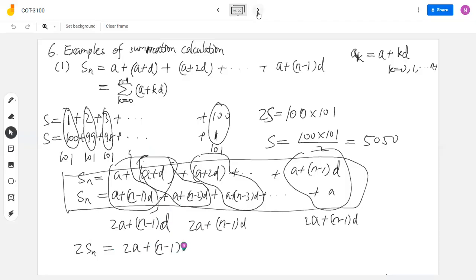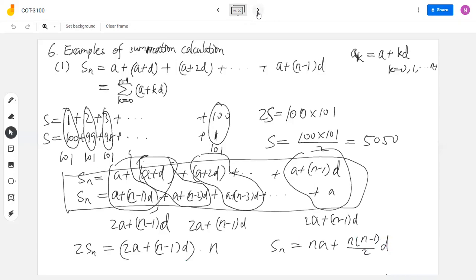We have n terms. And therefore, S_n is just na plus n times (n minus 1) divided by 2 times d.